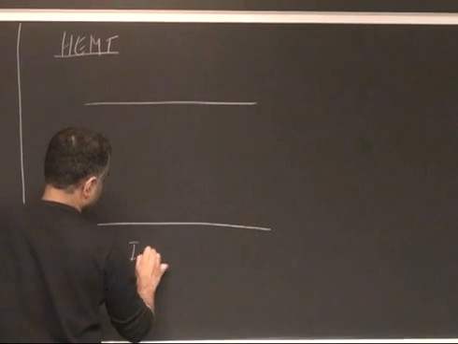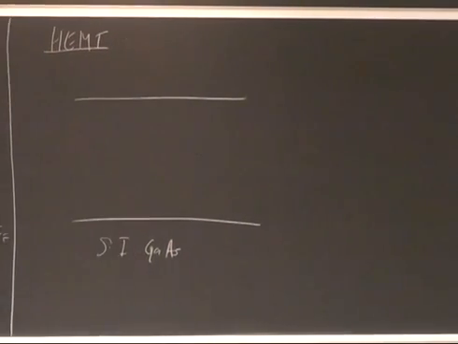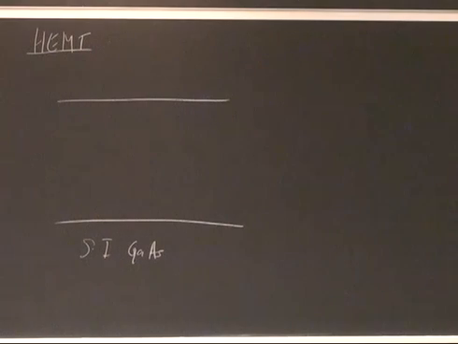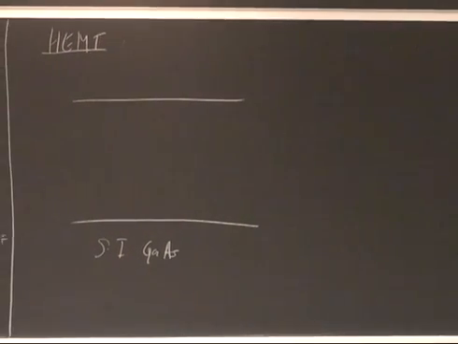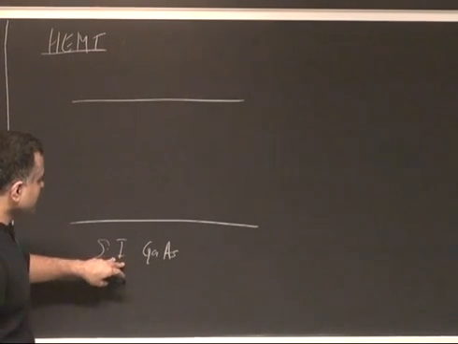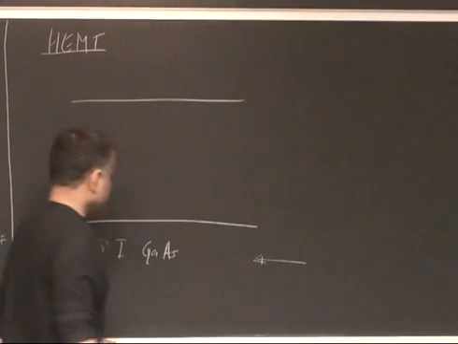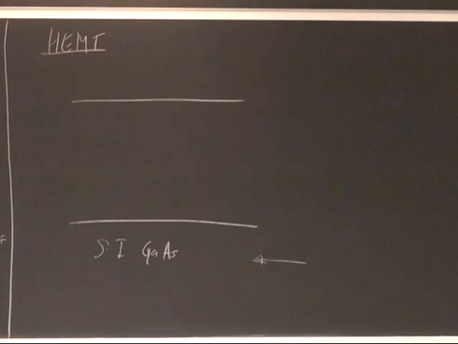I'm going to discuss doping in some more detail when we talk about defects and impurities and other things like that. But semi-insulating gallium arsenide is a very interesting material.